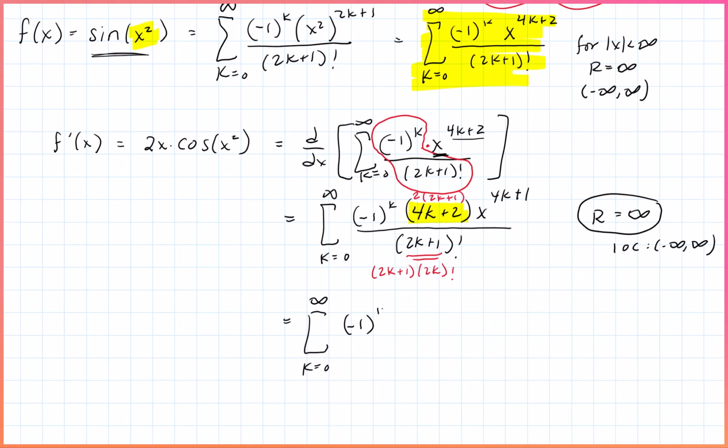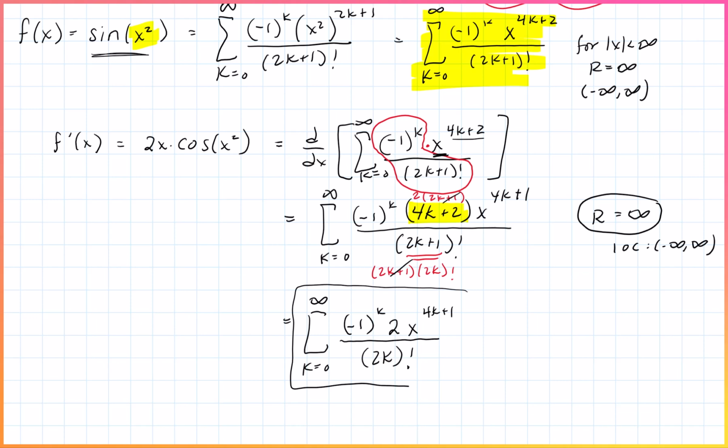Negative 1 to the k, then the 2k plus 1s would cancel, so we'd have just 2 times x to the 4k plus 1. Now in the bottom, all that's left is 2k factorial, and we could leave it in that form, and that does make things just a little bit nicer.